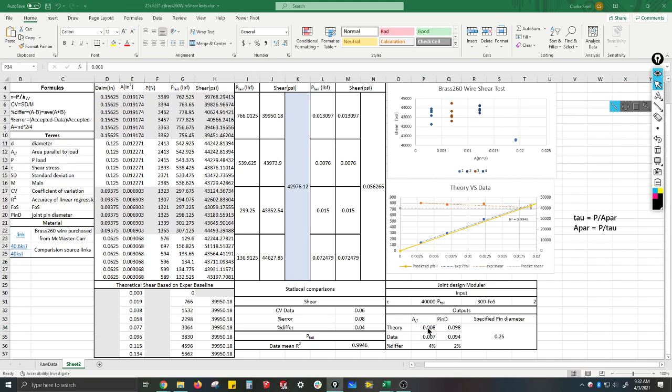we can calculate a theoretical area that would take the load given this material strength and this load in this equation. And then it's round, right? We said that the pin is round.